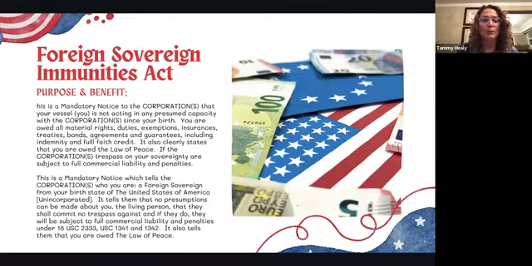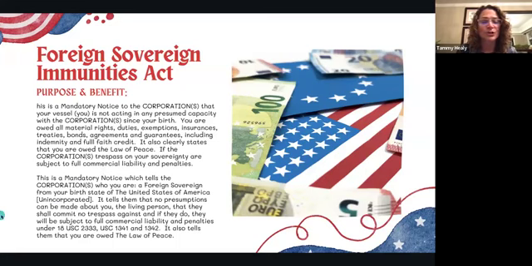You are owed all material rights, duties, exemptions, insurances, treaties, bonds, agreements, and guarantees, including indemnity and full faith credit. It also clearly states that you are owed the law of peace. If the corporations trespass on your sovereignty, they are subject to full commercial liability and penalties.